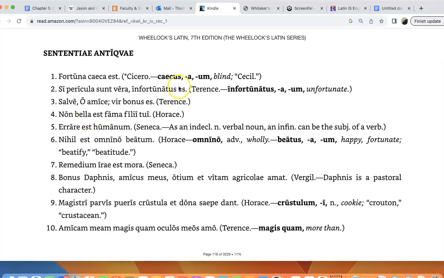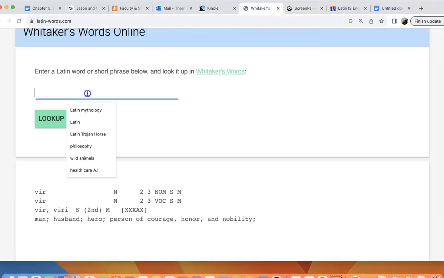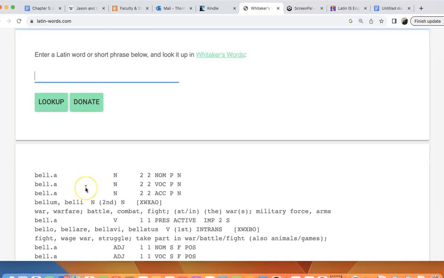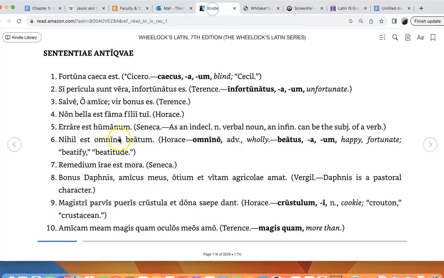So now the "bella," this is where we may want to just look up the words, just like I'm doing here. This one could be pretty, handsome, charming, pleasant, agreeable, polite, nice, fine, or excellent. So this one's going to be a little bit tricky to translate. So "fama" means reputation.